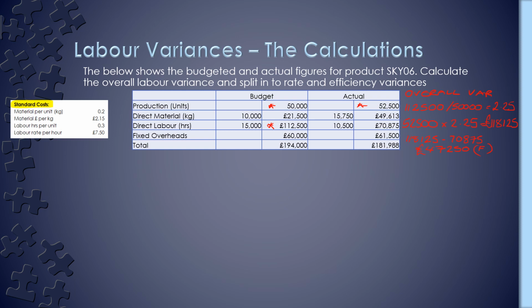So our overall variance is £47,250 favourable. So splitting these down then, let's have a look at our labour efficiency variance.